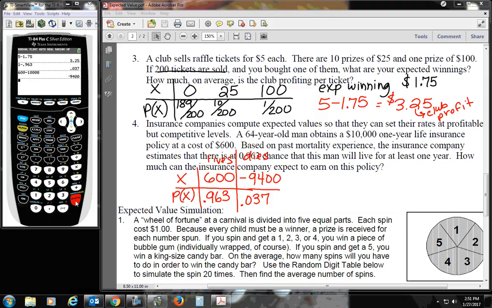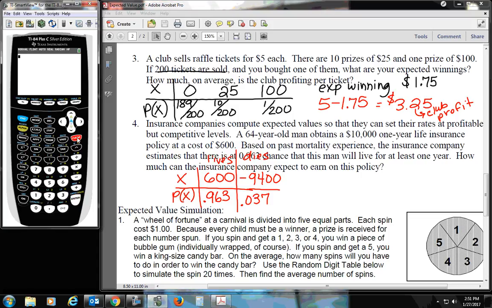They're not out the full $10,000 because you did pay $600 up front for the policy, but they're still out the $9,400. You might be saying, wow, how can insurance companies stay in business? You have to look at the fact that that only happens 3.7% of the time. Way more than the majority of the time, they're making $600 off of most of the people that they're insuring, because they don't die, and so they get to make a lot more money.